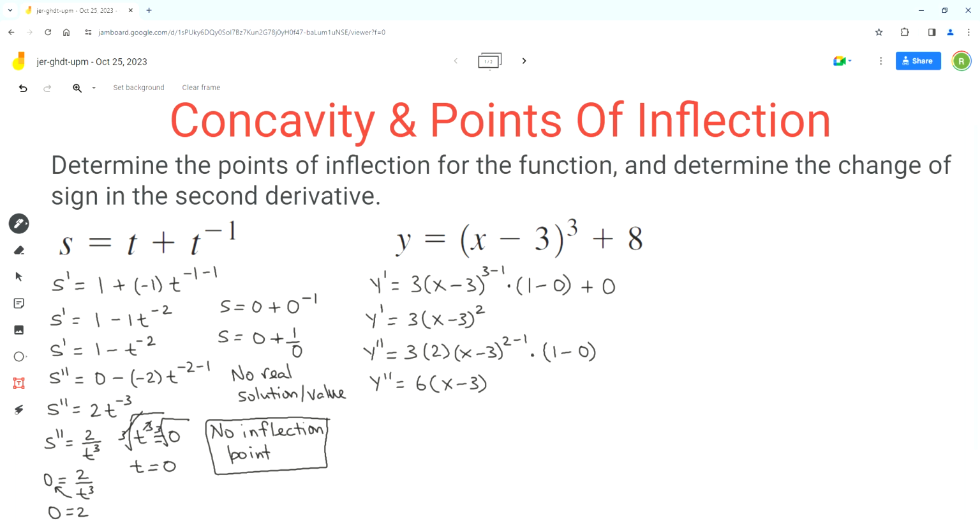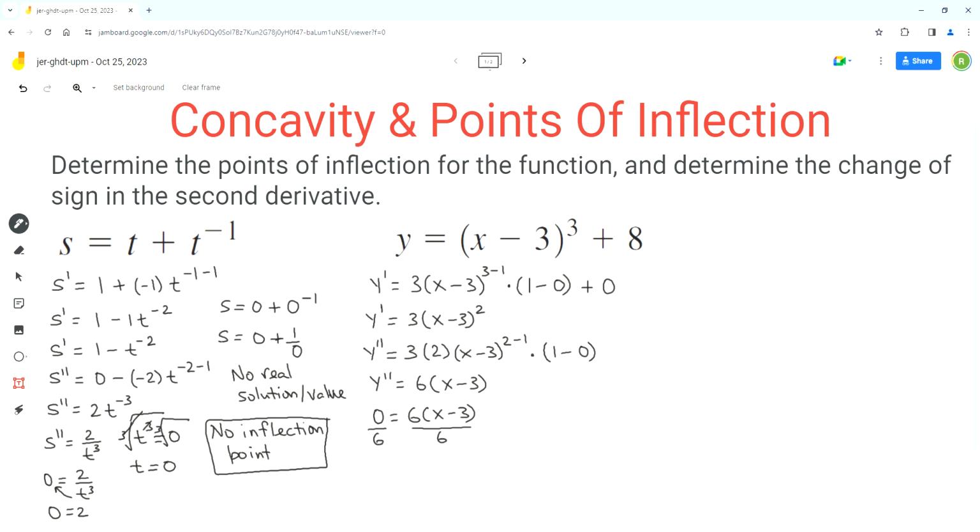So now we can find the points of inflection by setting y double prime equal to 0 and solving for x. So now we should divide both sides by 6 because we have to solve this equation and isolate x.